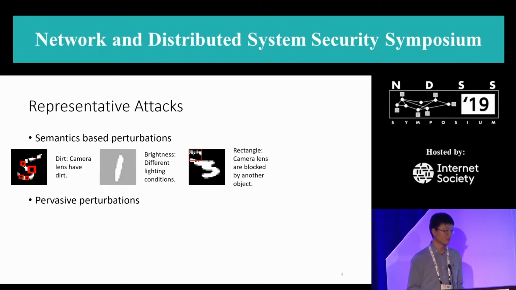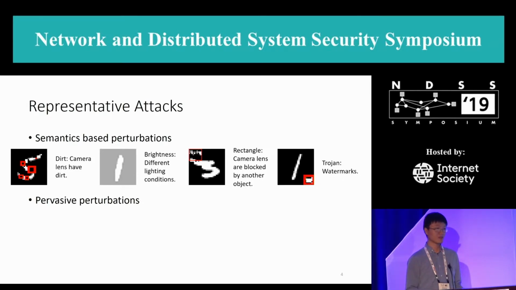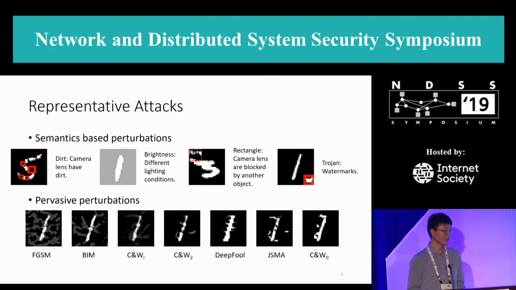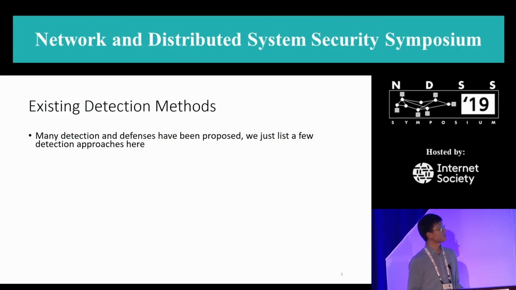And also the Chen attack, which adds small patches into the image to simulate watermarks. For the other type, we have a lot of work, including FGSM, BIM, and CW attacks, DeepFool and JSMA, etc.